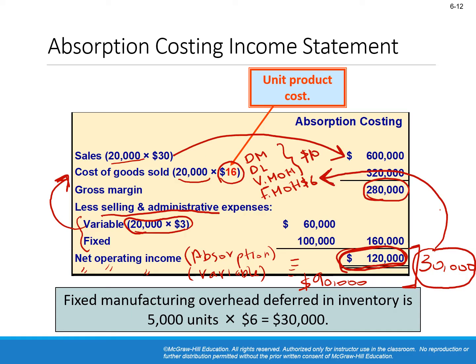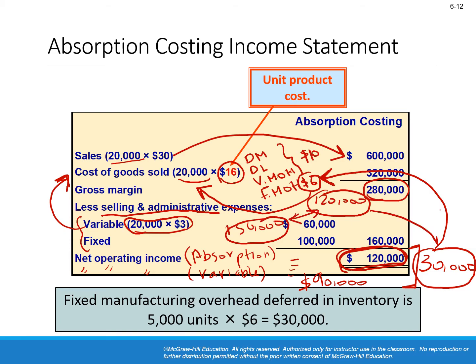So instead of including fixed manufacturing overhead as $150,000 in the fixed part, we included 6 multiplied by the number of units that were sold, which is 20,000, giving $120,000. So the difference between this 120 and this 150 stands behind the difference between net operating income between absorption and variable.